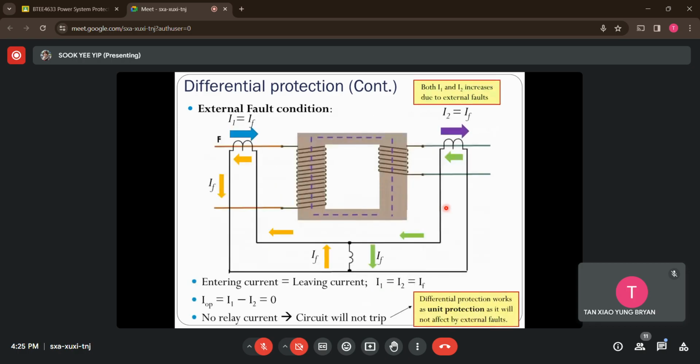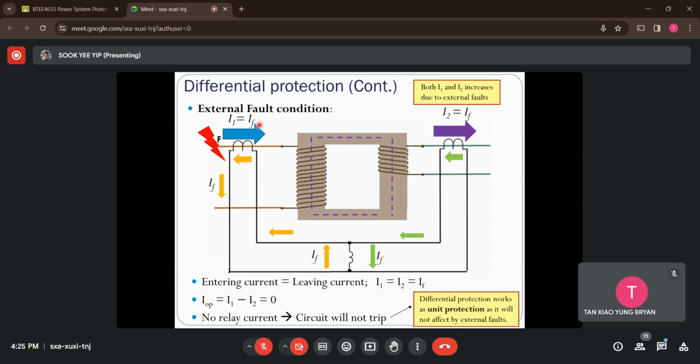There is one advantage of the differential protection scheme. Remember I just mentioned its operation is not affected by external fault conditions, which means these relays will not work to break the circuit if I have a fault outside the transformer. So let's see this example again. What happens? I have an external fault occurring outside the transformer at the primary side. This external fault will cause both the entering current and leaving current of this transformer to become much larger, correct?